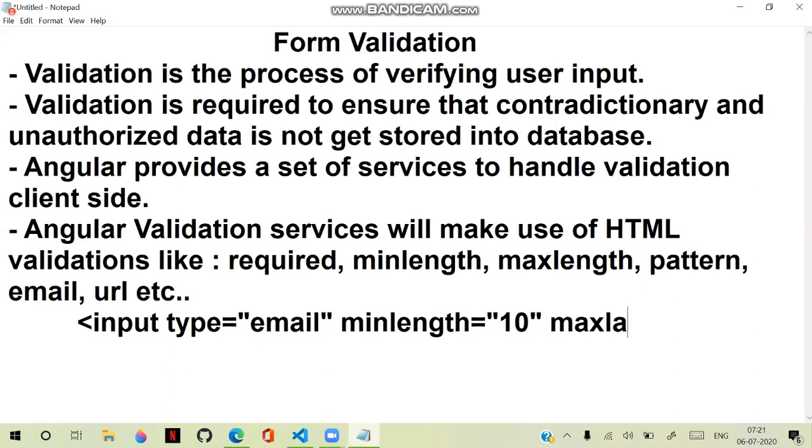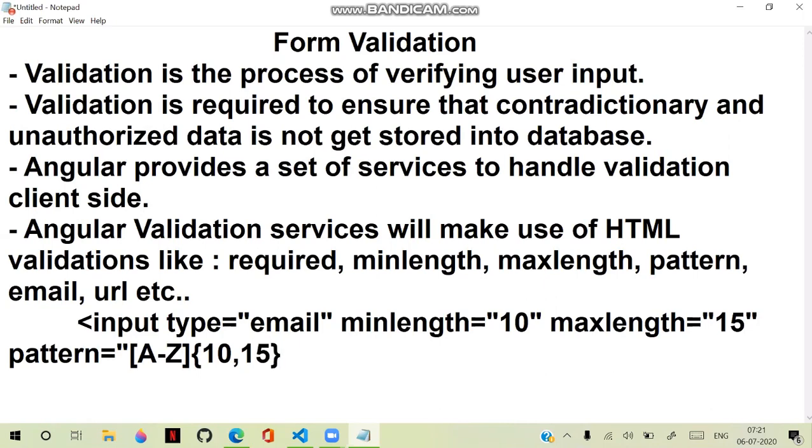You can set max length equal to 15 characters. You can even set pattern equal to A-Z. So this is 10 to 15 characters, uppercase only. You can even set the required attribute. These are HTML validations. Now Angular will make use of these validations and verify whether they are matching or not.